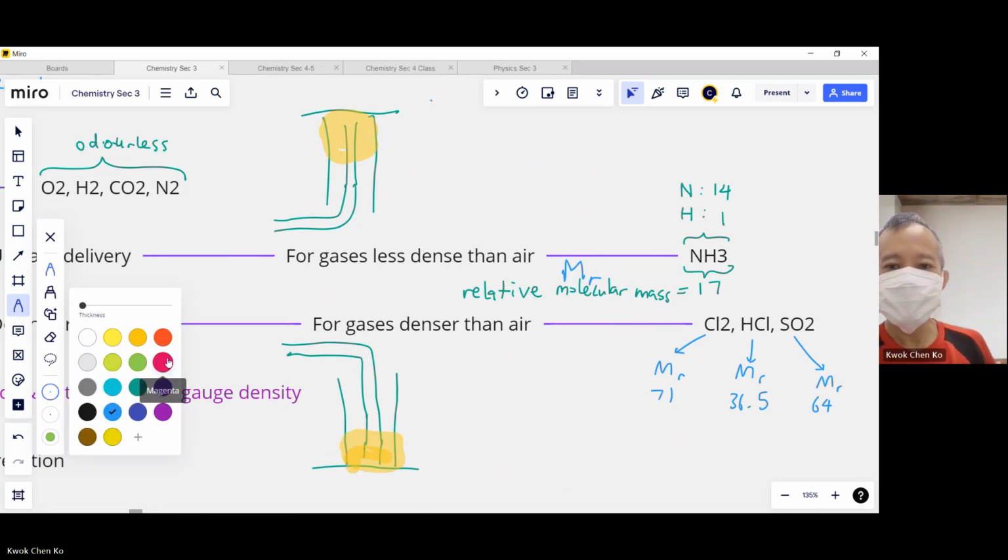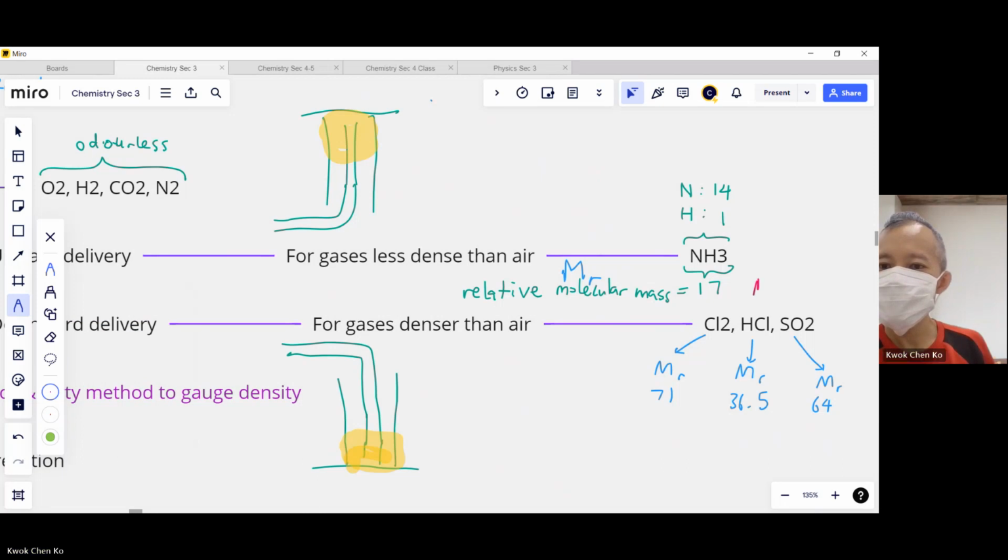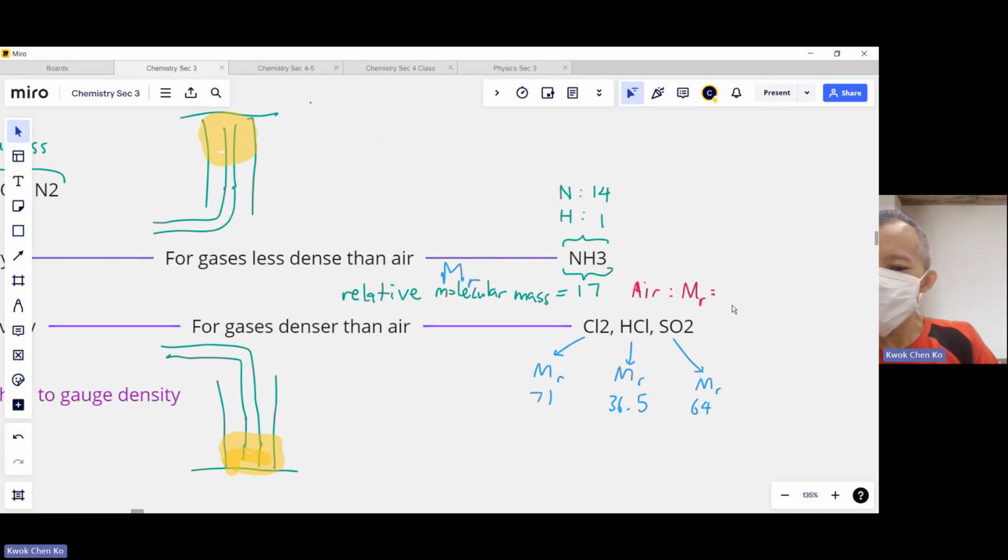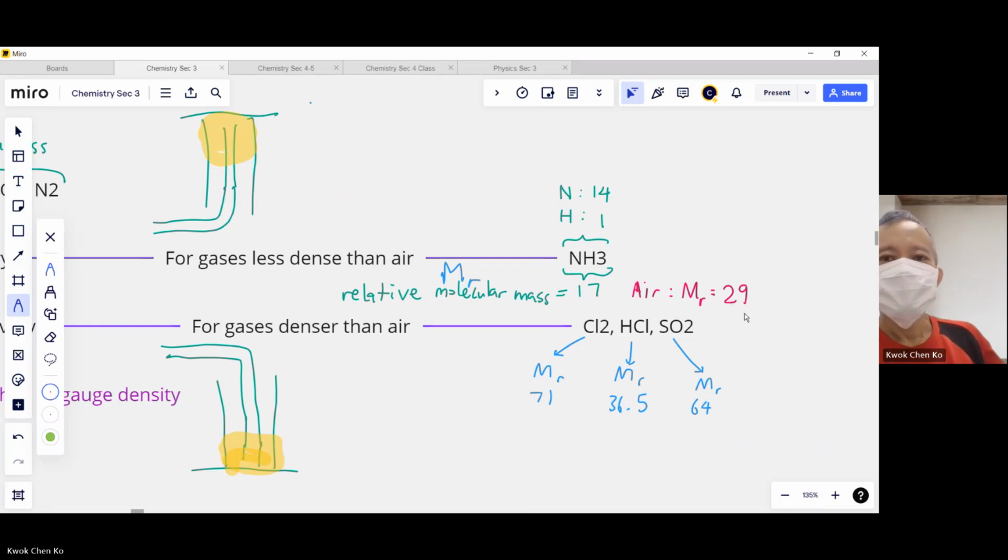Now, air is a mixture. You remember that, right? Air is a mixture, but we can also designate an Mr for that. This one no need to know for O levels. However, it's very useful. The Mr is 29. And you notice something, right?